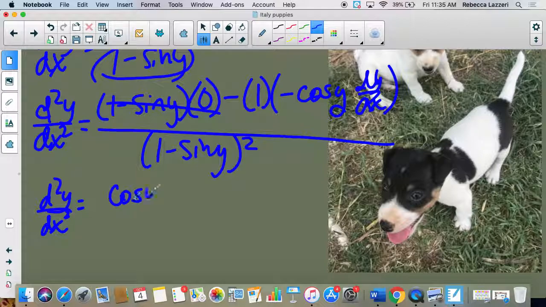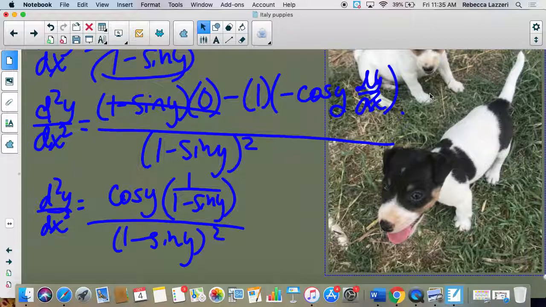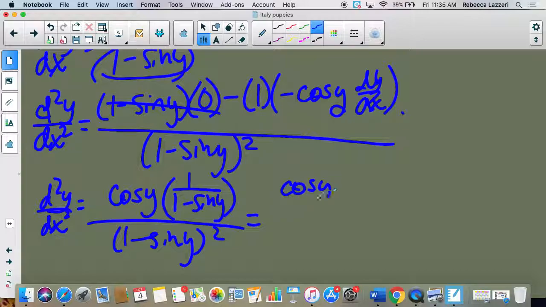So I have cosine y times dy over dx, which is 1 over 1 minus sine y, all over 1 minus sine y squared. So that is cosine y over 1 minus sine y, over 1 minus sine y squared.